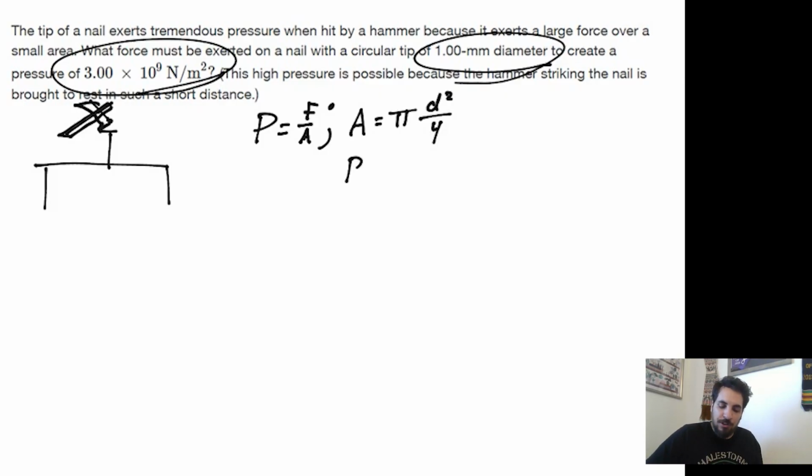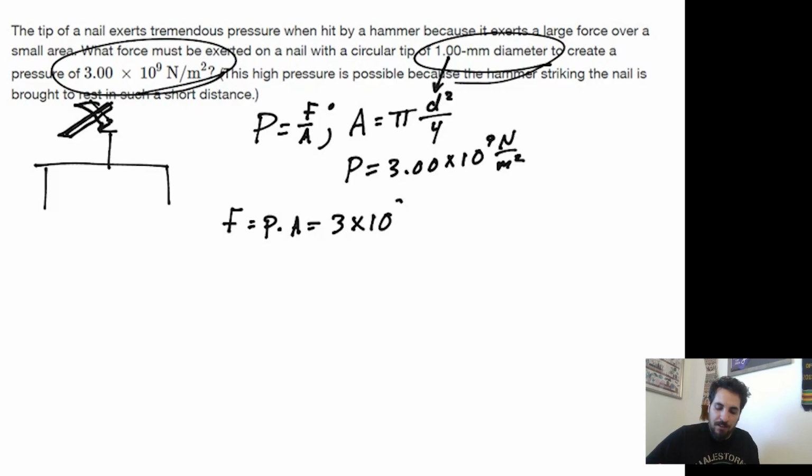The pressure is given to us at 3.00 times 10 to the 9 newtons per meter squared, a very high value, but high value should be expected here, right? Because a nail can pretty easily pierce through the wood, so we would expect a high amount of pressure. We take this diameter and we need to convert it into meters, but after we convert it into meters and calculate the force by doing pressure times area, we would have 3 times 10 to the 9, and there are some sig figs added on here, right?